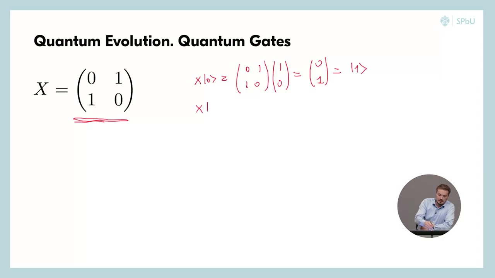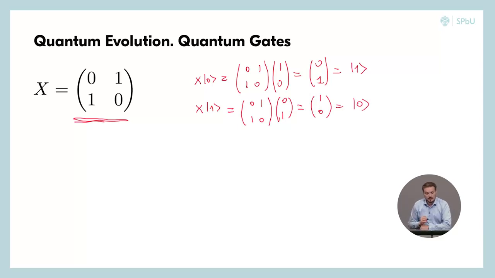And X of 1 is again the matrix 0, 1, 1, 0 applied to 0, 1, and we have 1, 0, which is 0. So it maps our standard basis 0, 1 to itself, but it flips it. So it is actually the quantum implementation of the NOT operator. And since it maps an orthonormal basis to an orthonormal basis, we can be sure that it is unitary.